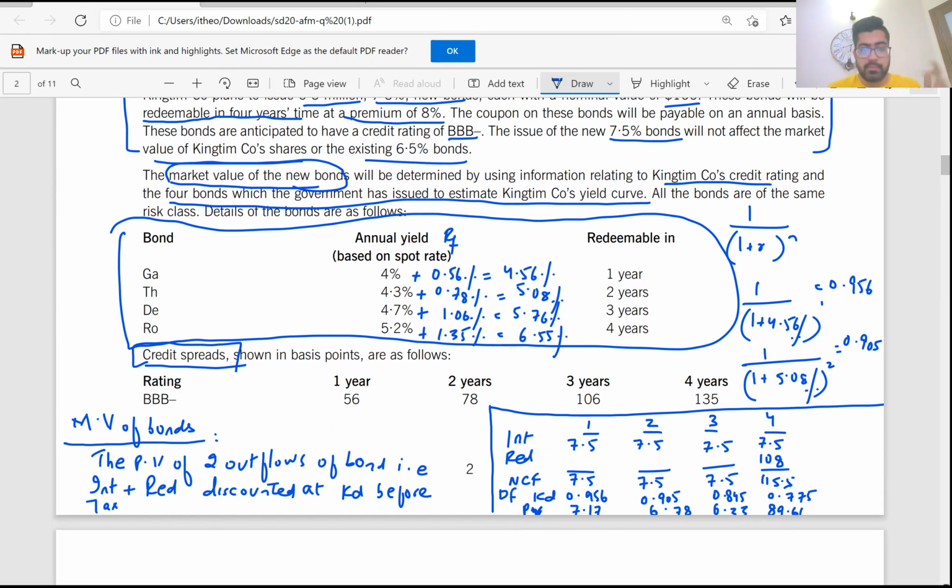Do you think these are the present values of the 2 outflows? Yes, these are the present values of outflows, interest and redemption.